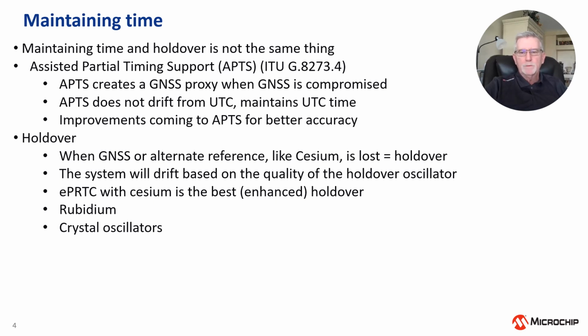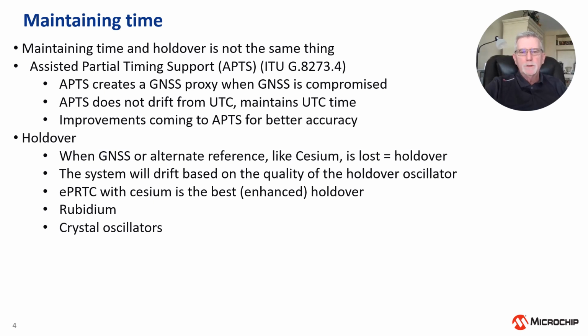If we know the exact forward and reverse delay, we know what the asymmetry is between point A and point B. So once we have measured and calibrated that, if we lose our reference at point B, we can continue to make the corrections we need on the PTP timestamps for the asymmetry that exists between point A and B to maintain UTC traceable time, or create a GPS or GNSS proxy function at point B in the network.